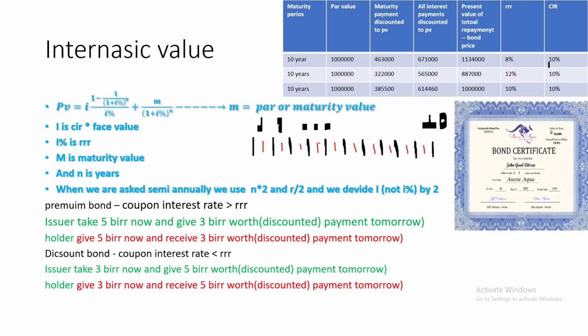Rather than 10 payments, the issuer should pay 20 times. So there will be 20 payments. So n should be 20.